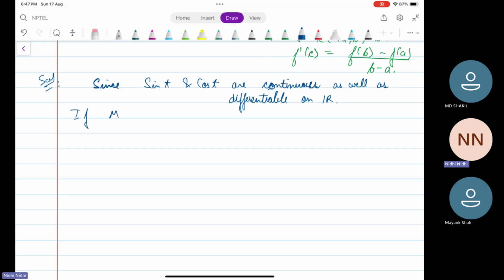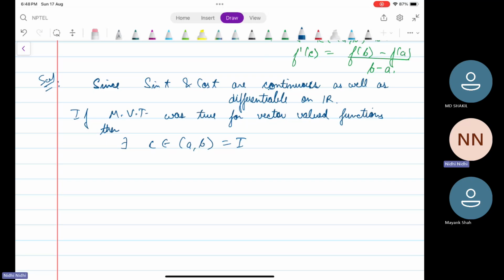if mean value theorem was true for vector valued functions, then there exists some c in, let's start with any arbitrary open interval (a, b), such that f dash c is equal to f of b minus f of a by b minus a.